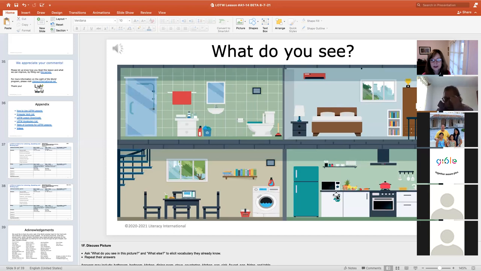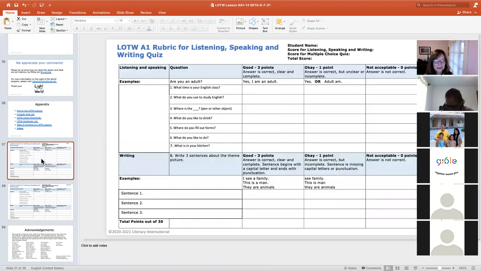But I could also point at it and say, what is the name of this black thing that is in the kitchen? And try to elicit the word countertop to see if she knows that one. But actually, I forgot, that's okay. And shelf is fine. And like I said, I would probably give you 3 points for that because it's a good sentence and it's complete.